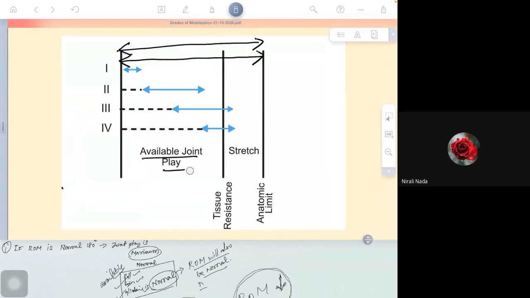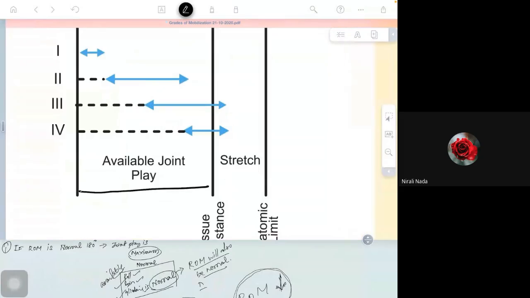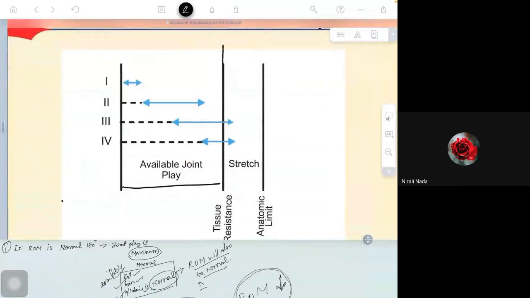What will happen if the range of motion is restricted? Here the range of motion is restricted to 120 degrees. Why? Because available joint play is limited. So this much joint play is not available.